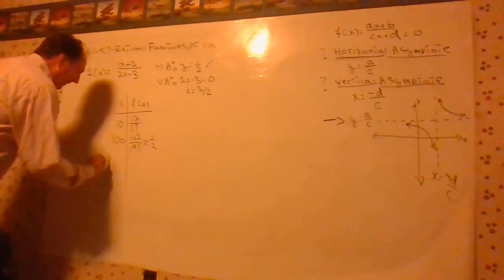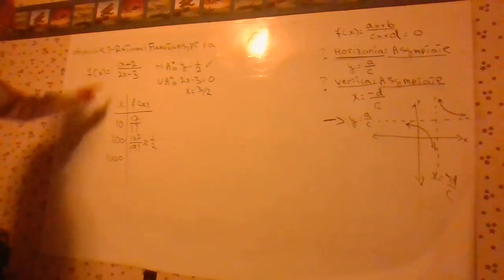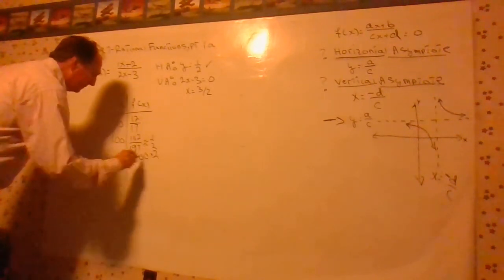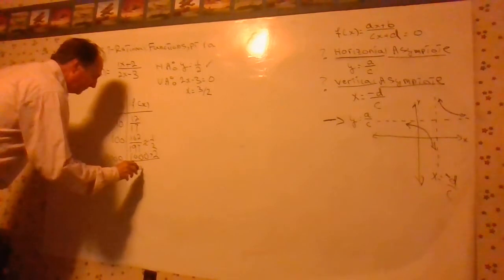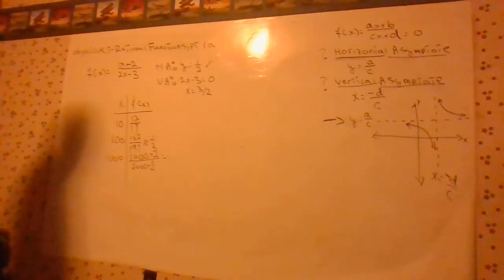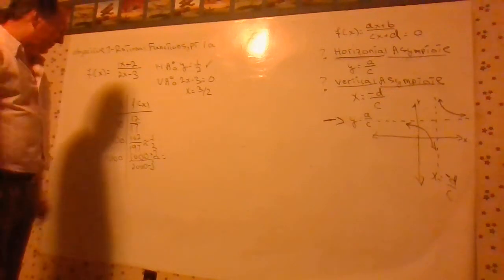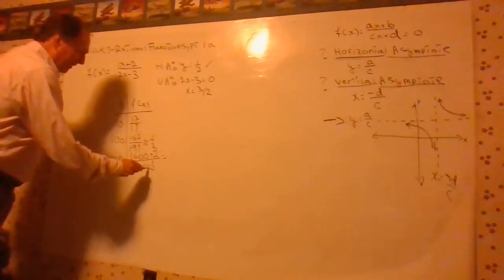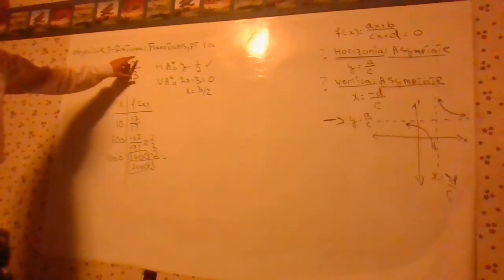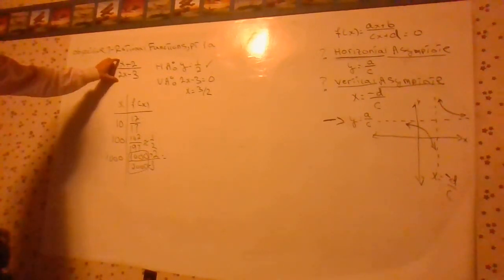And if you plug 1,000 in, what happens? Well, I'll write this out a little more explicitly. You have 1,000 plus 2 over 2,000 minus 3. And guess what's happening? This 1,000 over 2,000 dominates. The 2 and the 3 are really fixed while these two numbers grow.